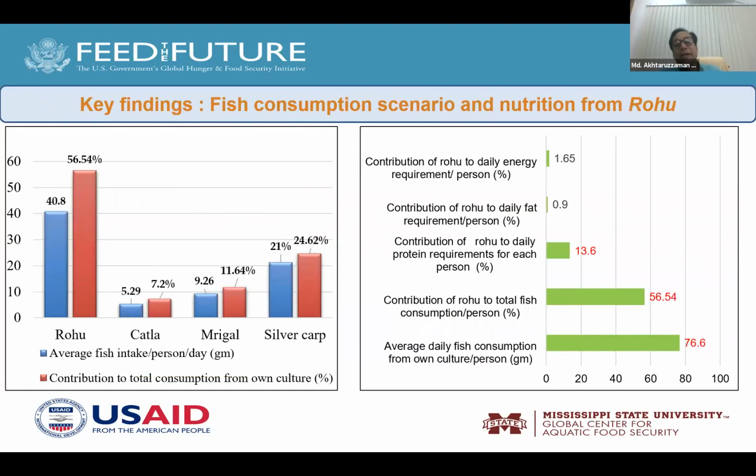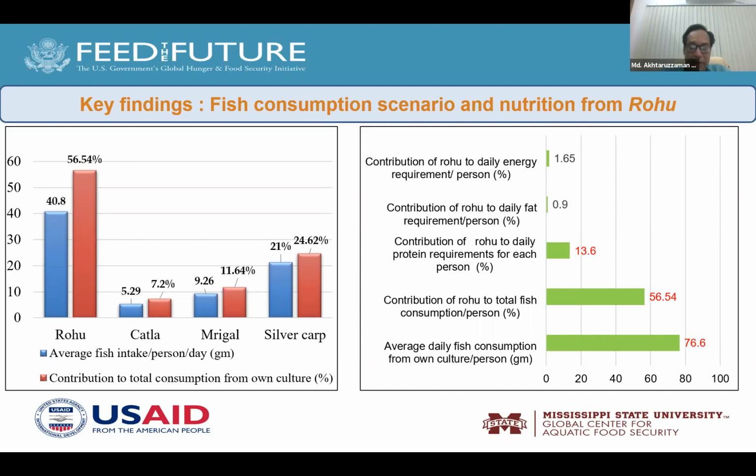This is the nutritional status or consumption of fish. In the study, farmers consumed a large amount of fish due to availability. It was an important finding that the average daily consumption of raw edible fish from own culture was 77 grams per person.